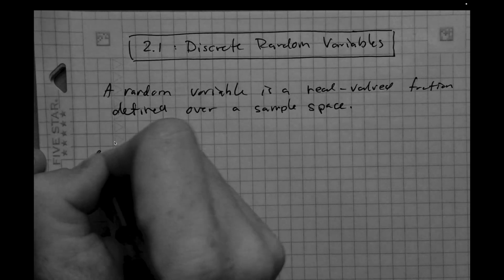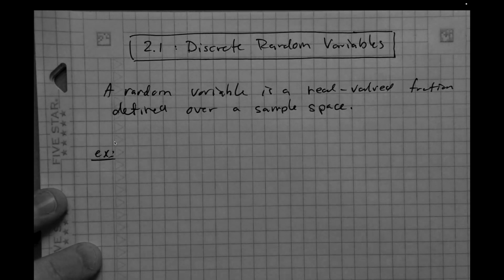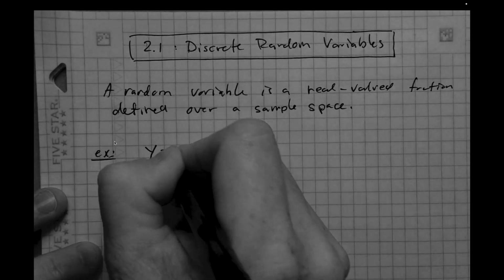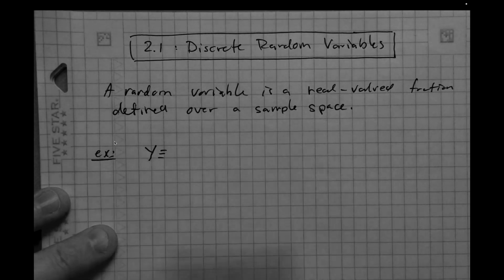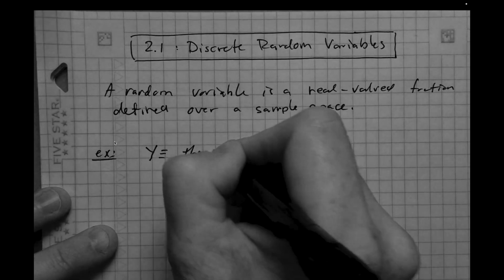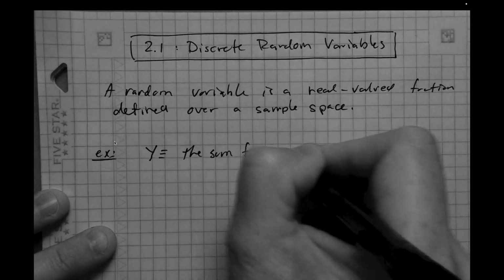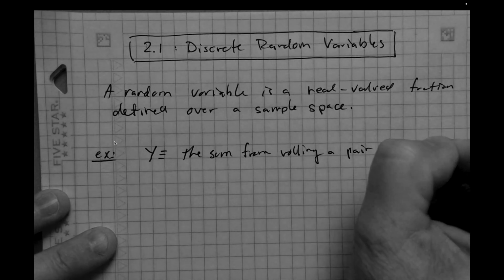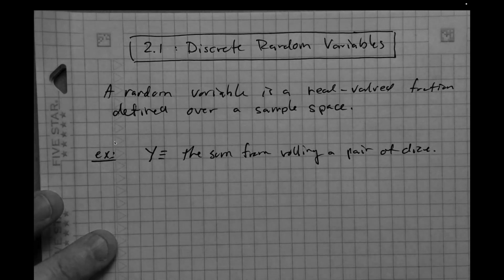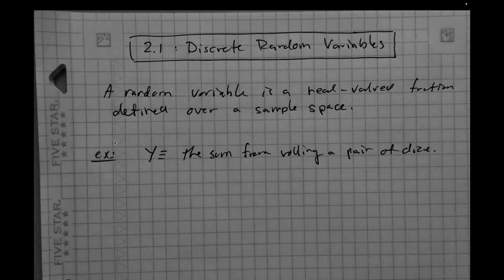An example here, just to build up a little steam, would be to let Y be the random variable that captures the sum from rolling a pair of dice. So I roll a pair of dice, I record the numbers, and I add them together, and I load that into this random variable.